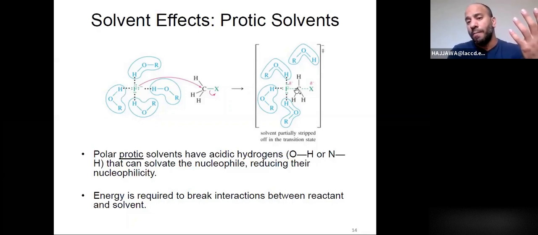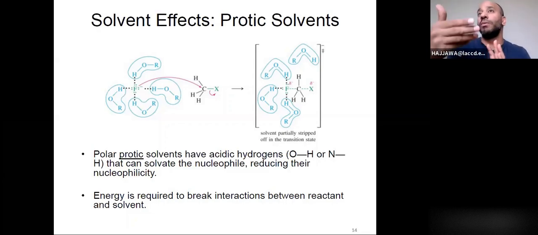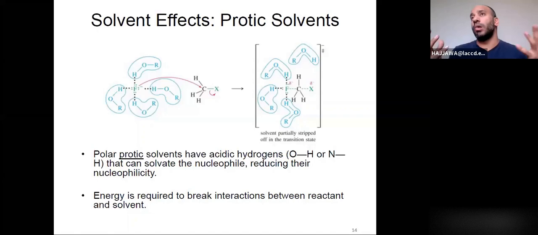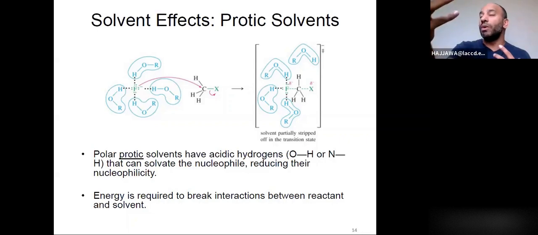And you can see here also the alkyl halide, when you have protic solvents, that oxygen is going to stabilize the carbocation. So the carbocation of that C-X will be pushed to be formed due to the presence of the ROH, or any protic solvent. The hydrogen will basically interfere with the X, and the oxygen will interfere with the carbon side of that C-X, and that will help break up the C-X bond to generate the carbocation.